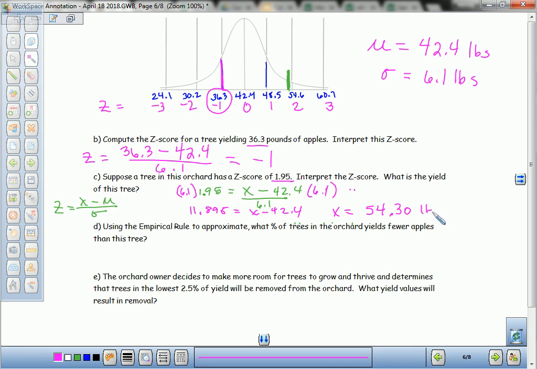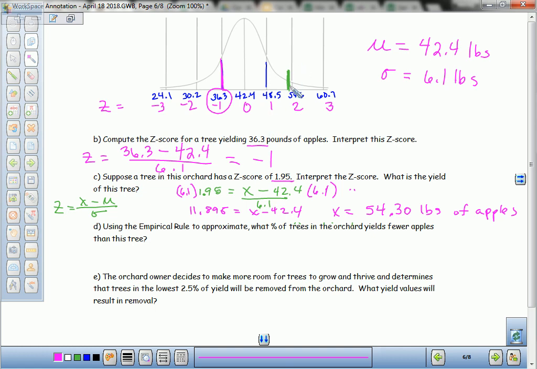All right, so that's what we found this to be. So that's what x represents, 54.3 pounds of apples. Hey, was that pretty close to 54.6? Yes, it was very close.